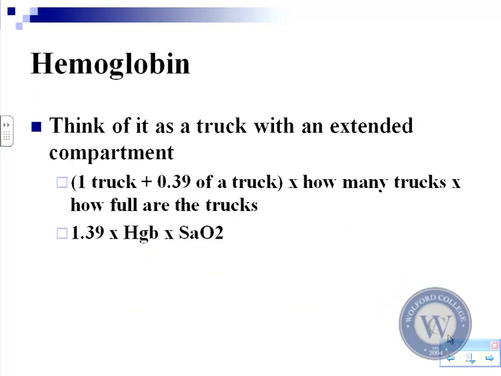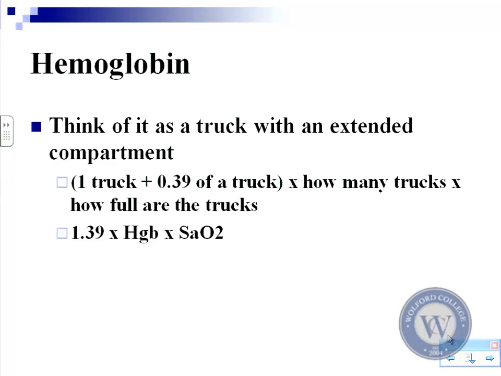Now, basically when you look at hemoglobin, I want you to think of it as a truck with an extended compartment. It's one truck plus 0.39 of a truck, then how many trucks you have, and then how full your trucks are. That's your equation. That's your CaO2 equation, your oxygen carrying capacity equation. And it's two parts, okay? But the most important part is the hemoglobin carrying capacity.